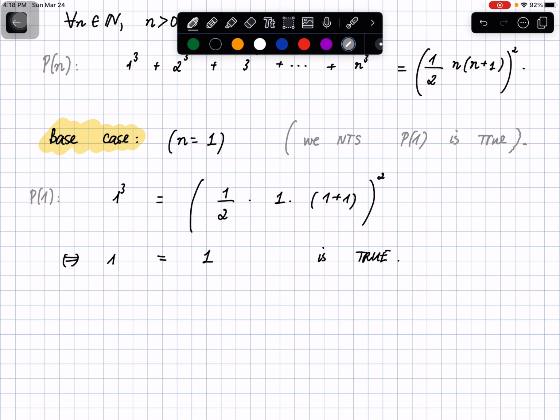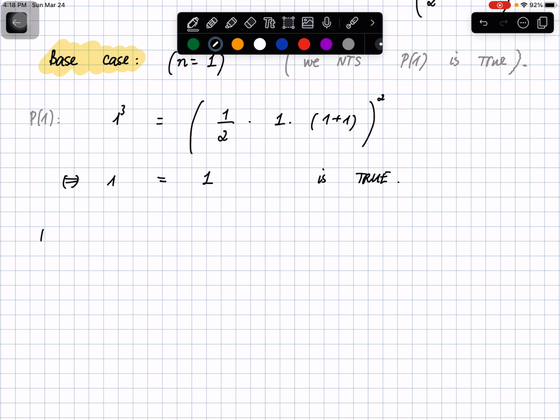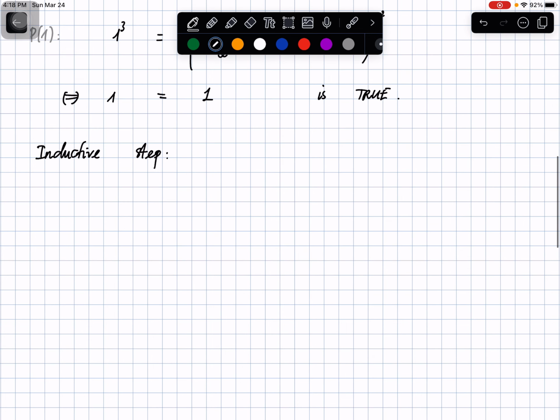Now we do the inductive step. So inductive step, what do we need to do? We let n be a fixed natural number, n greater than or equal to 1, right? Greater than or equal to the base case. Suppose p of n is true.